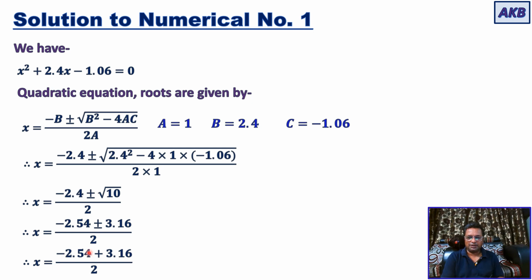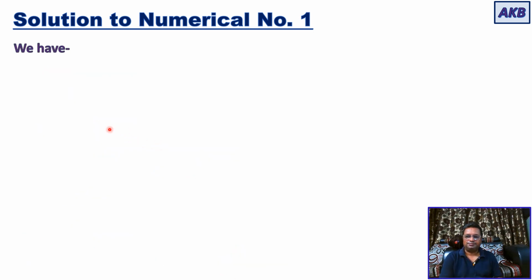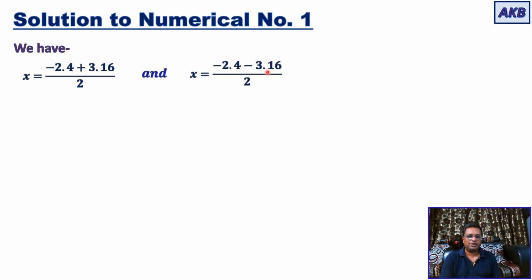That is, x is minus 2.4 plus 3.16 divided by 2, and x is minus 2.4 minus 3.16 divided by 2. So that means you have one value for x as minus 2.4 plus 3.16 divided by 2, and the other value x is equal to minus 2.4 minus 3.16 divided by 2. This gives us x as 0.38, and this gives us x as minus 2.78.